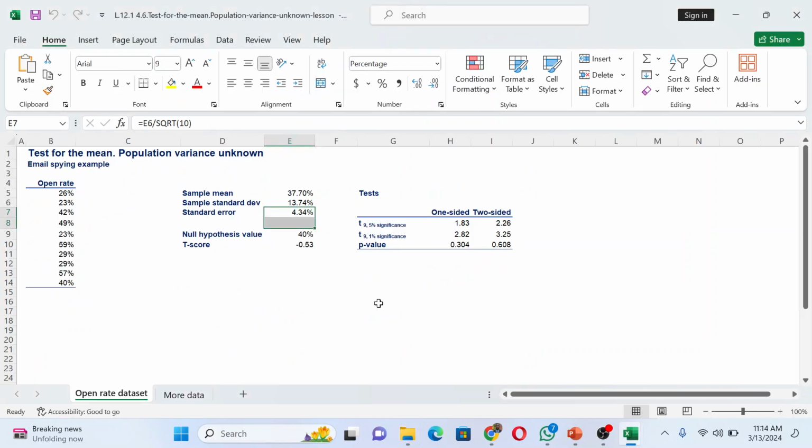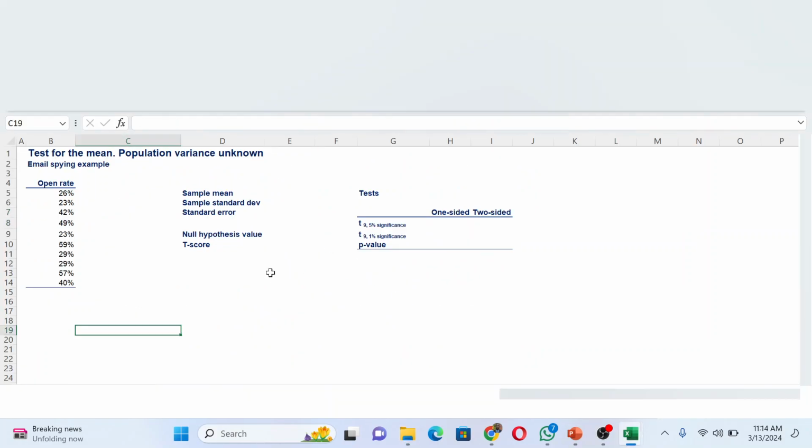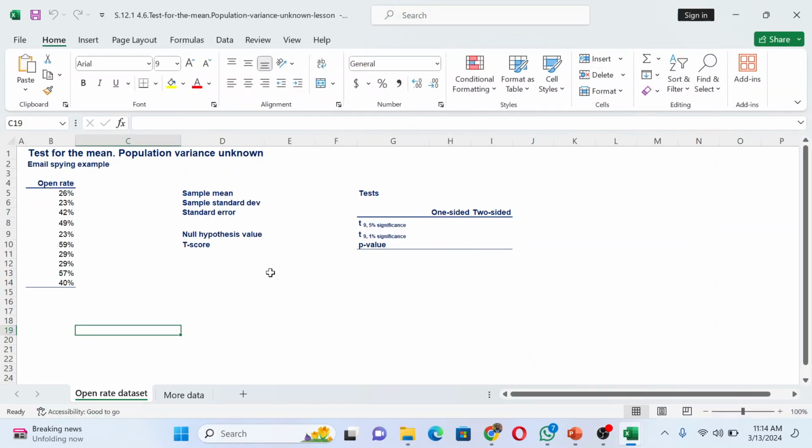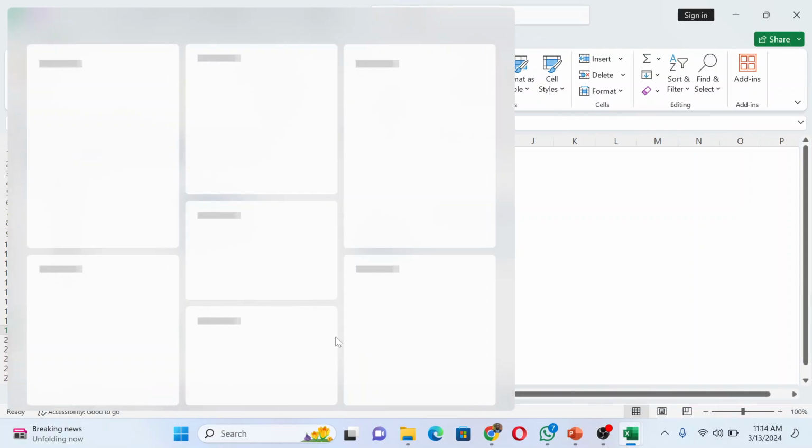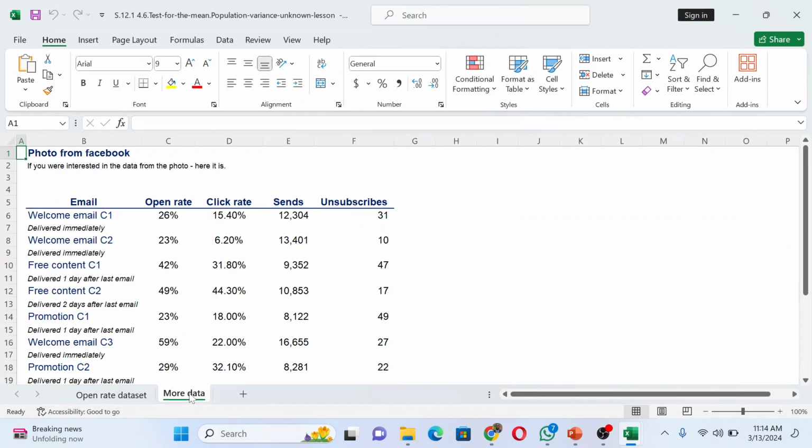So this one is interesting. You have the open rate data set, then the more data. So perhaps for this one, you are working as a marketing insights data analyst in your company.